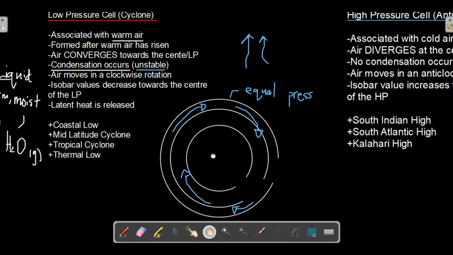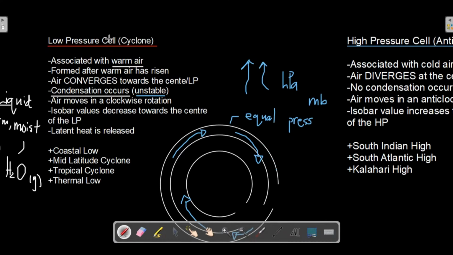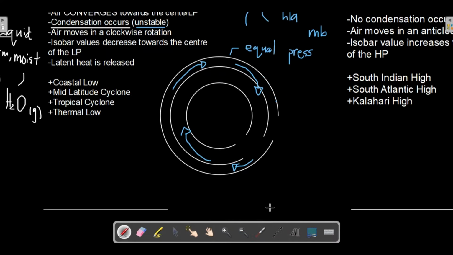We measure isobar values in hectopascals, which are also equivalent to millibars. So we're saying that in a cyclone or a low pressure cell, you have isobaric values that are decreasing towards the center. As you move towards the center, the isobar values decrease.